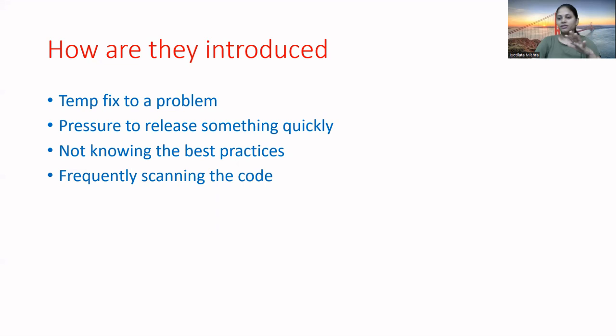But here, what my experience says is, if you are being transparent with the product owner or the other stakeholders and you tell them honestly that there is a risk of sending something quickly to production, they do understand. So the idea is, if you see a risk, if you see a problem, don't be scared, don't be hesitant to call it out, right?